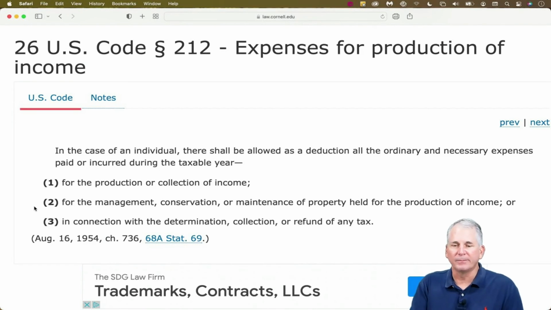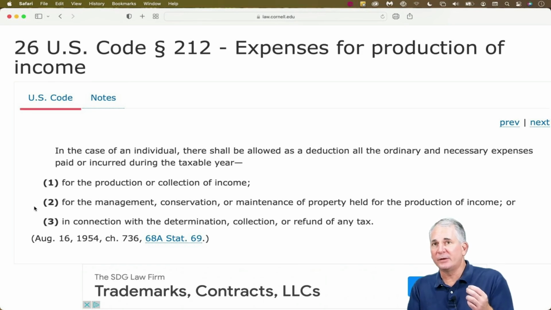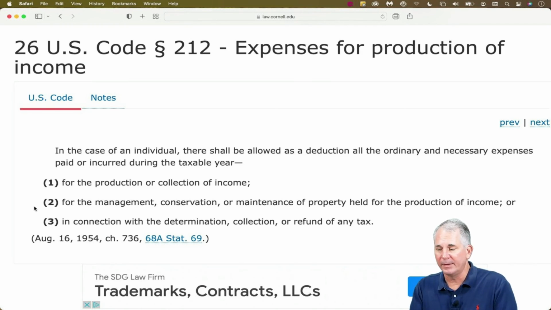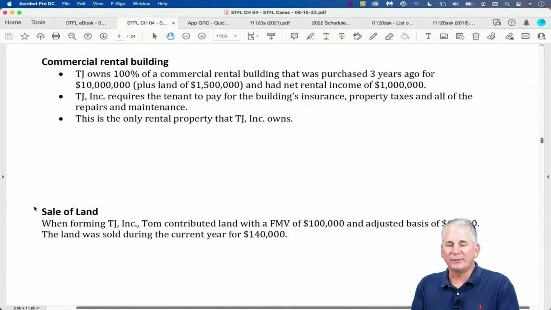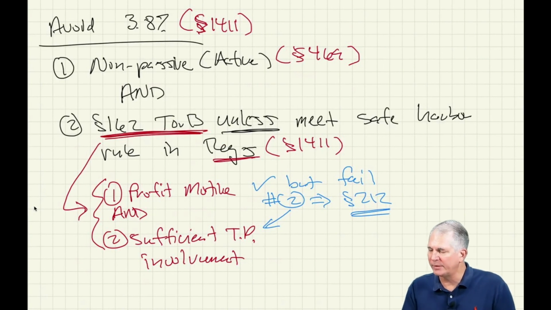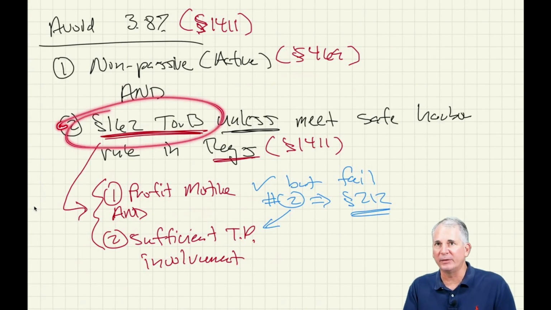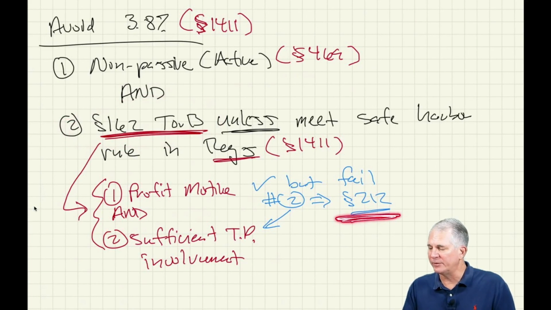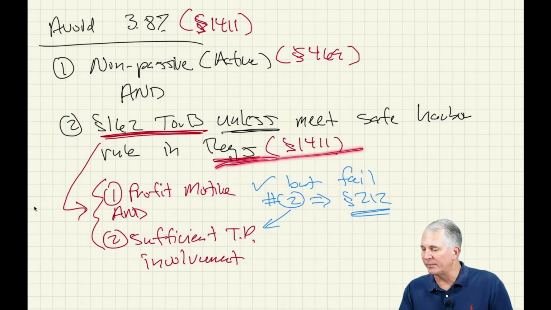Okay, so they're saying you can still deduct your expenses because it's set up for the production of income. Now why is this important? Well, in general, to avoid the 3.8% tax, you have to have a 162 trade or business. If it falls under 212, it's not a 162 trade or business. Odds are you're going to be subject to the 3.8 unless you meet a safe harbor in the regulations.